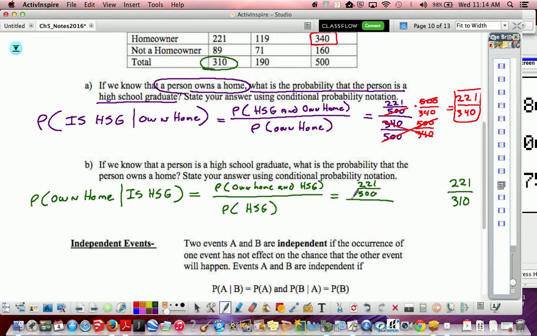But when we calculate the bottom, high school grad, we had 310 high school grads out of 500 total students. So now when I simplify, multiplying by 500 over 310, the 500s cross out, and notice how you get the same answer.